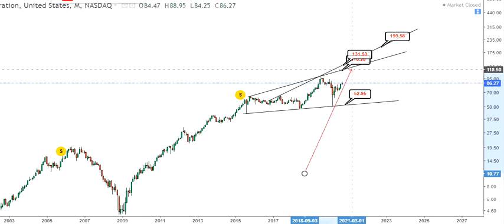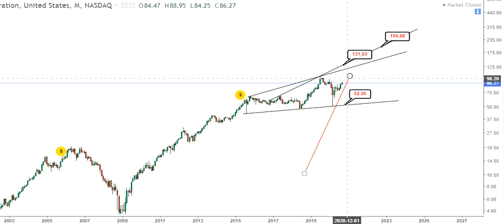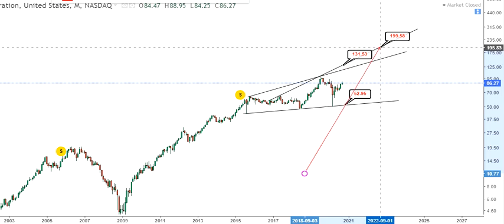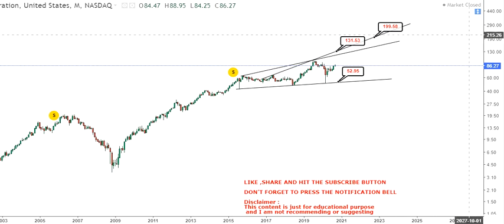It can be 110 or it can be 120, depending upon how the price moves. But once the stock crosses this line and sustains above it, then you can see a price between 130 to 199 on the upside. So these could be your upcoming targets.